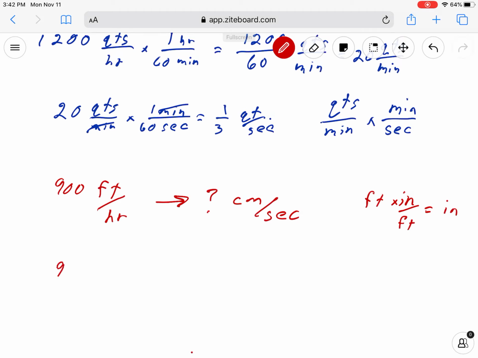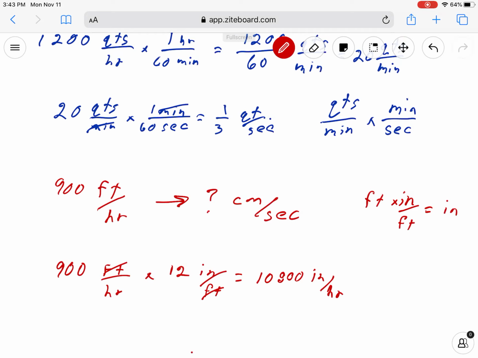So I'm just going to do the 900 feet in 1 hour, and I'm going to multiply that by 12, right, inches per foot. Okay, and that should then give me 9 times 12 is 10,800 inches per hour. Okay, because the feet cancel.